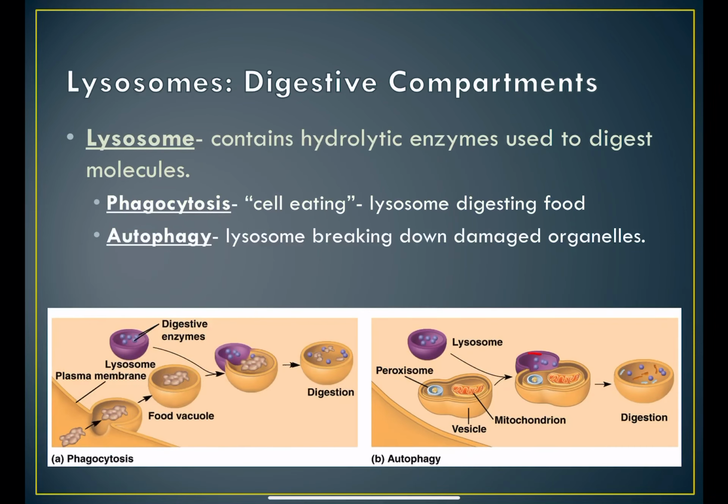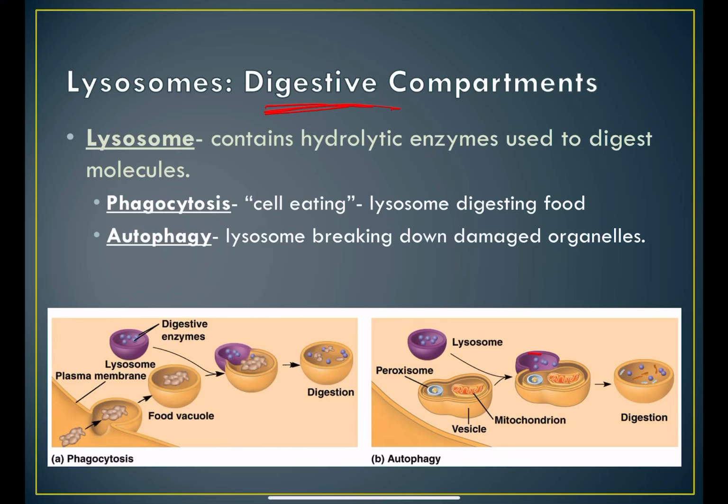Next is the lysosomes. The lysosomes are important because they are digestion. They get rid of things in the cell, clean up things that we don't need anymore. Obviously in the cell, things go wrong sometimes, and incorrect proteins are made, or things malfunction and need to be digested or destroyed.